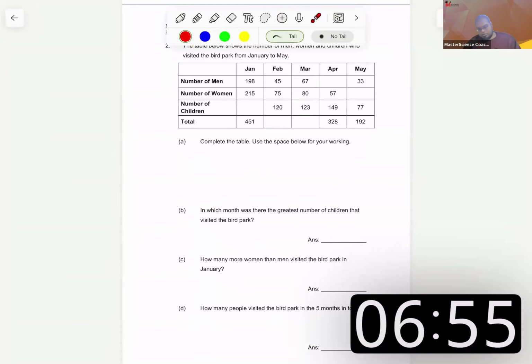Quickly. You do the table first. After you are done with the table, then you try to answer B, C, and D.